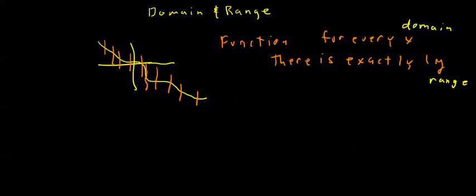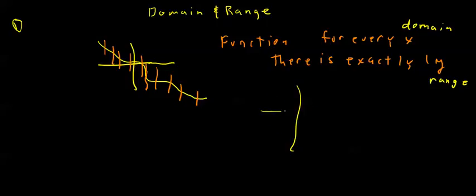So when you look at your graph, if at any point you can draw a vertical line and it hits your graph in 2 points or more, problem number 1, 2 points or more, it's not a function, it's just a relation.